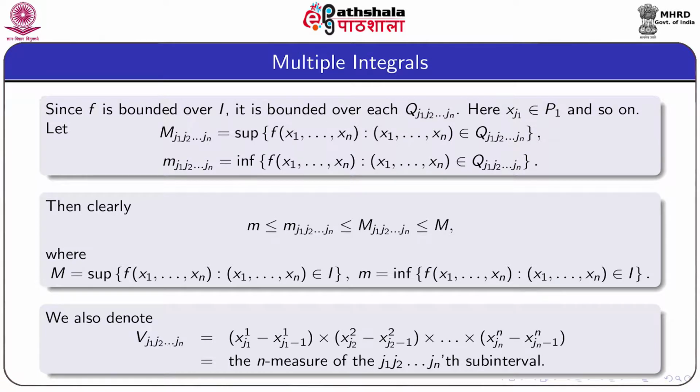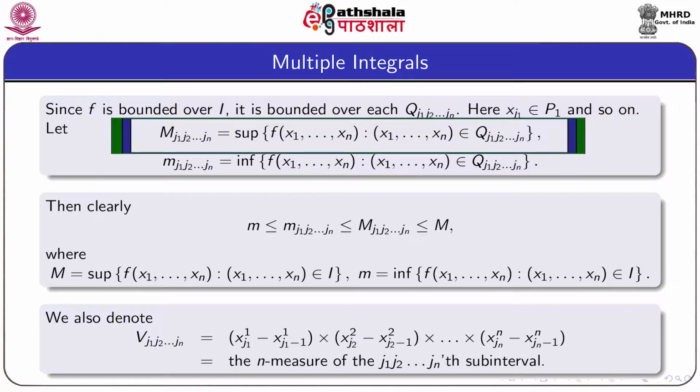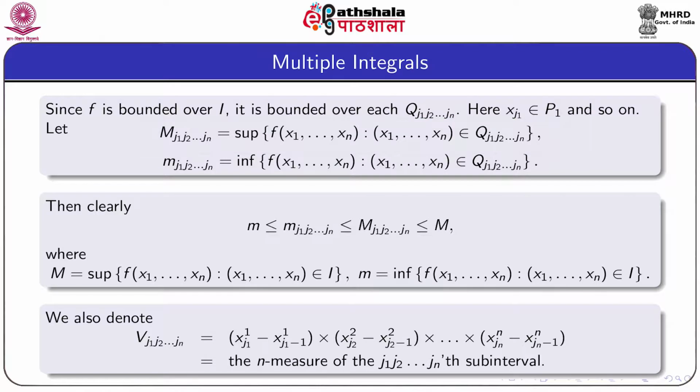Since f is bounded over I, it is bounded over each Q_{j1 j2 jn} because all Q_{j1 j2 jn} are subsets of I. Here x_{j1} is in P1 and so on. Let capital M_{j1 j2 up to jn} be defined by the supremum of f(x1, x2, up to xn), where (x1, x2, xn) is arbitrarily chosen from Q_{j1 j2 jn}.